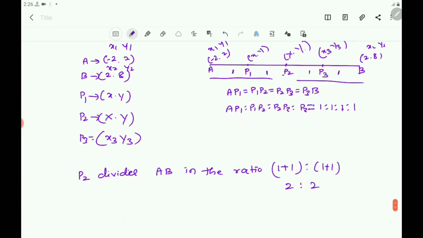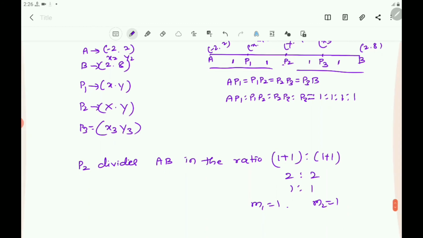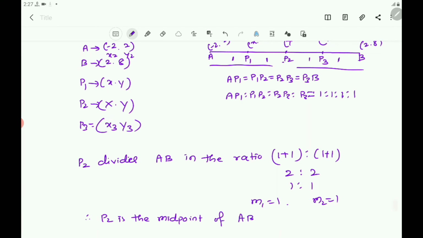That is 2 is to 2, nothing but 1 is to 1. So m1 equals 1, m2 equals 1. So that is nothing but the midpoint. So you can use the midpoint formula. Therefore P2 is the midpoint of AB.